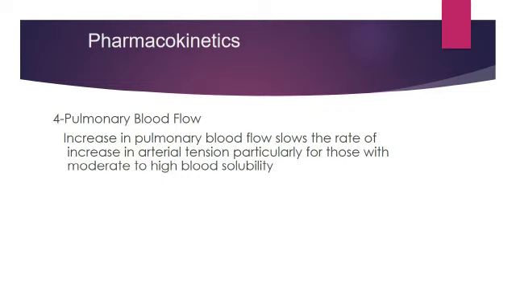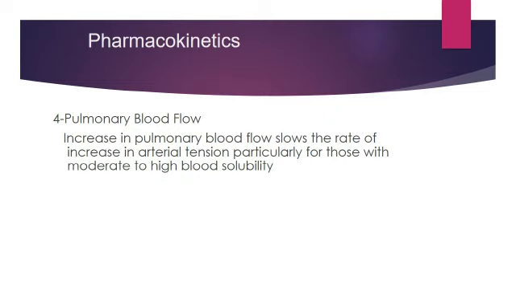The fourth factor is pulmonary blood flow. An increase in the pulmonary blood flow slows the rate of increase in arterial tension, particularly for those agents with moderate to high blood solubility. Again, this is very simple. You are exposing the gas, that is the inhalational anesthetic agent, to a large volume of blood.